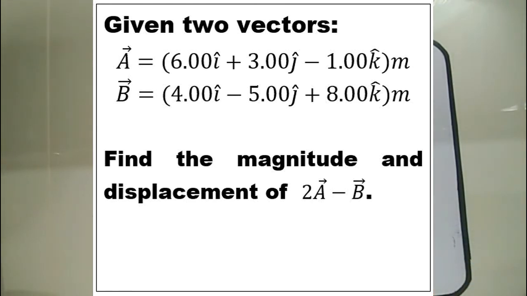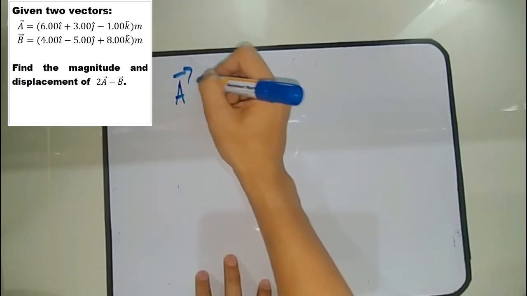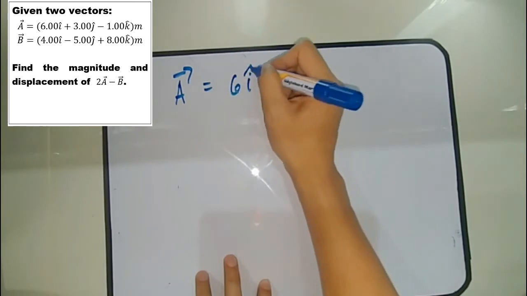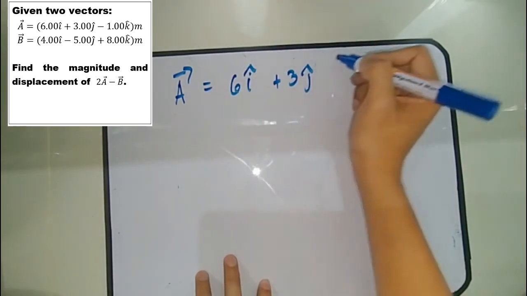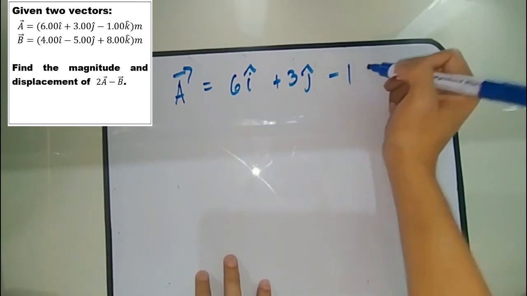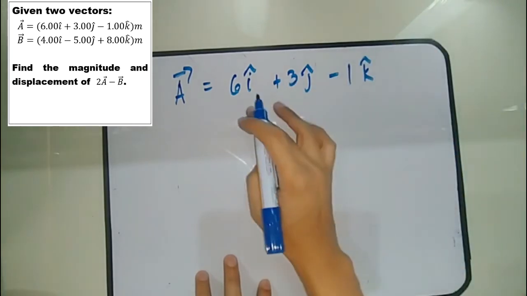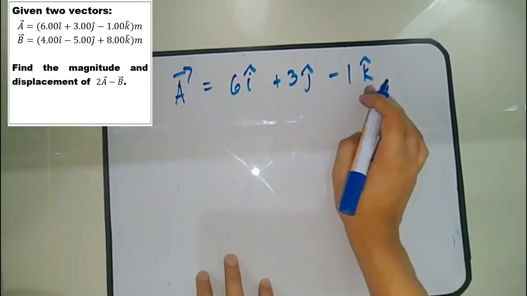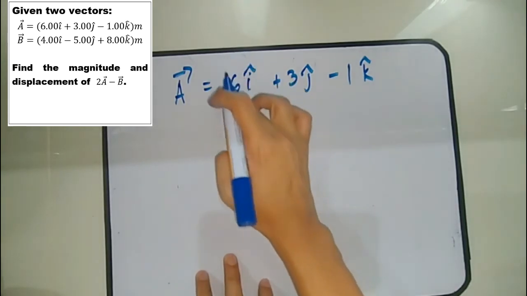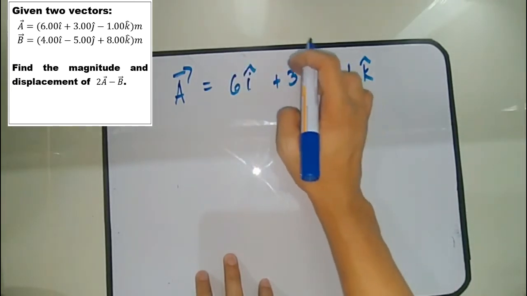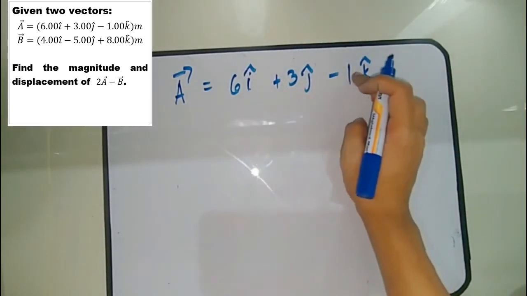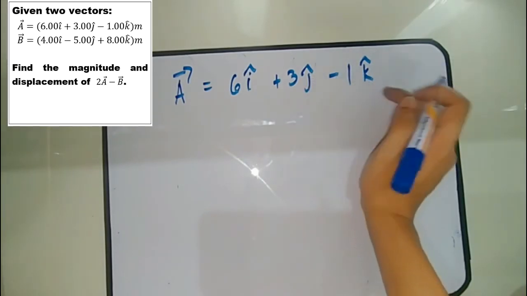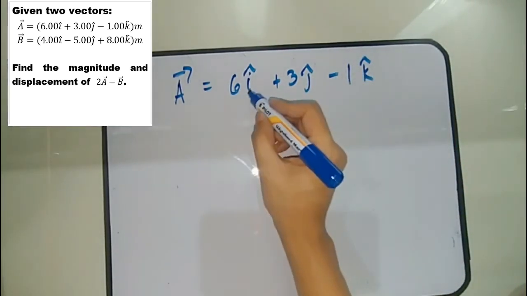So vector a is, we have here 6i, i hat, plus 3j minus 1k. So ijk guys is just a representation, meaning kung i, this is your x component, kung j, this is your y component, kung k, this is your z component. So 3-dimensional to guys. So these are your unit vector.